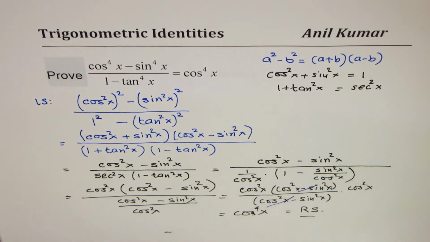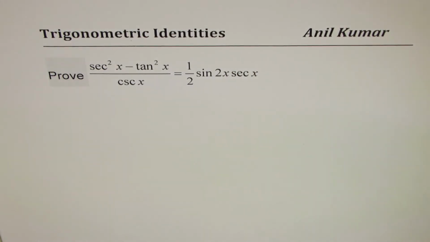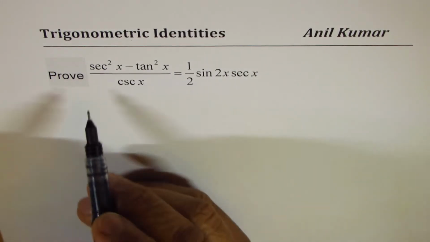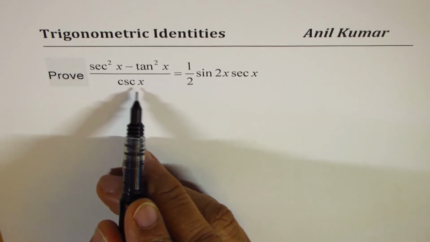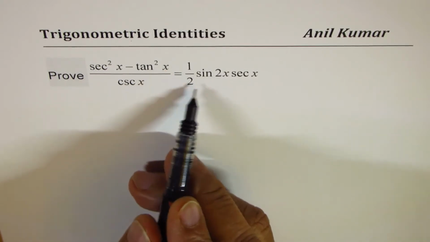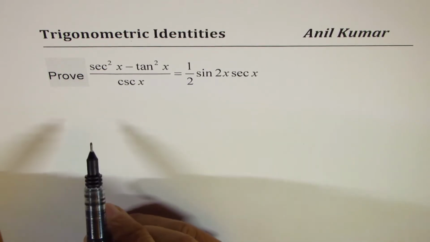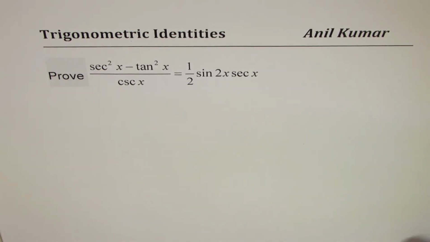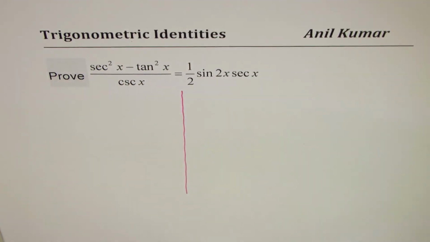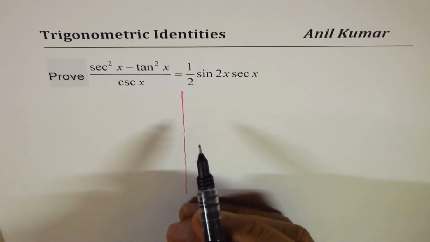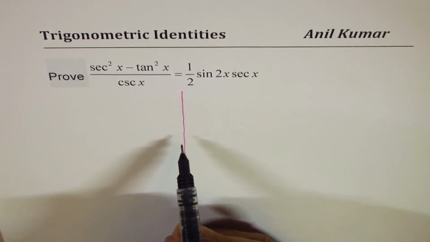Now let's move on to the next question, which is secant square x minus tan square x divided by cosecant x equals half of sine 2x secant x. So let me do it from both sides. Sometimes you can actually solve identities from both sides. So I'll take this opportunity to show you that method.